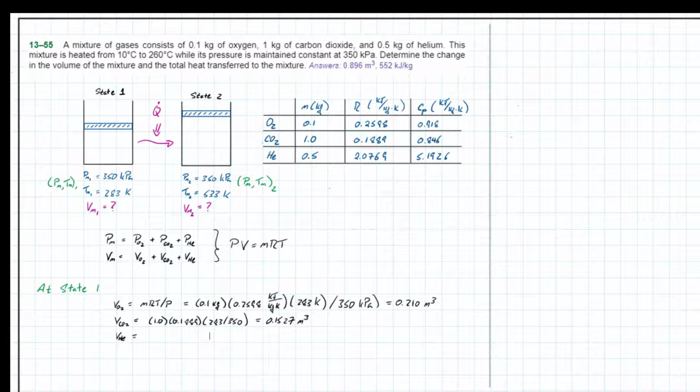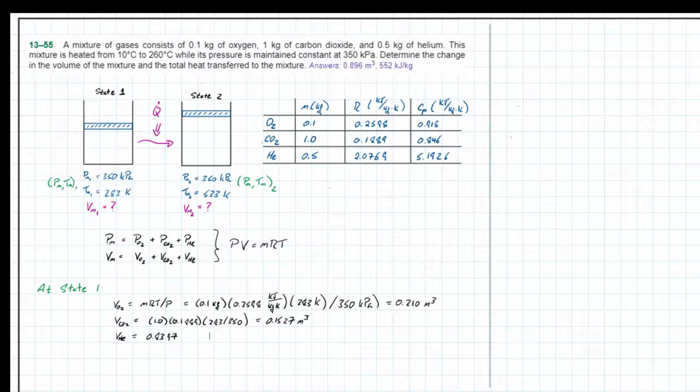So this works out to being 0.8397. Again, just to be clear, these are the partial or the specific volumes for each of the individual gas components.